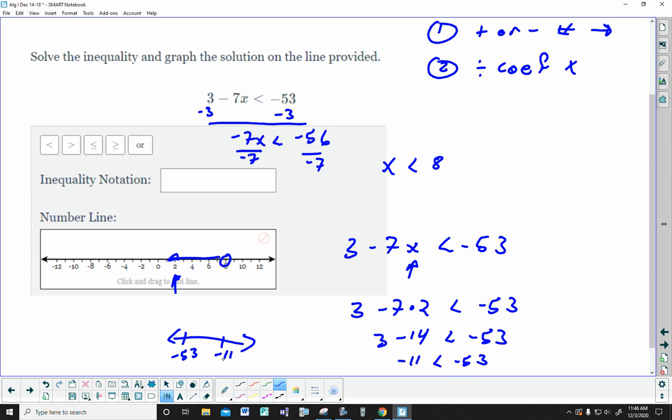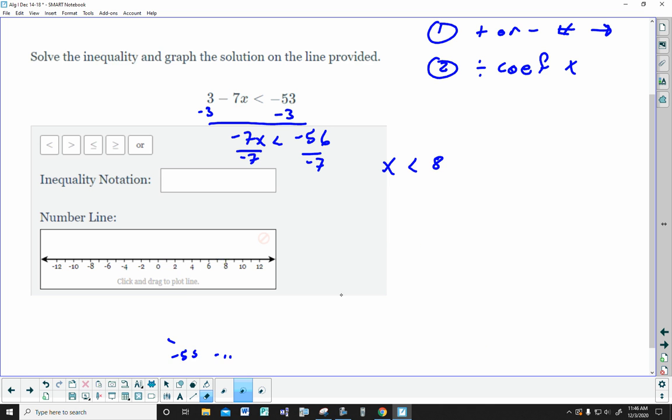Negative 11 is farther right, so it's bigger than negative 53, not smaller. The issue is, and how to overcome that issue, is when you divide by a negative number, when you have an inequality, you have to turn this around in order for it to work correctly.